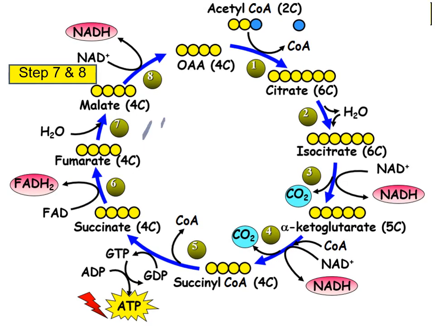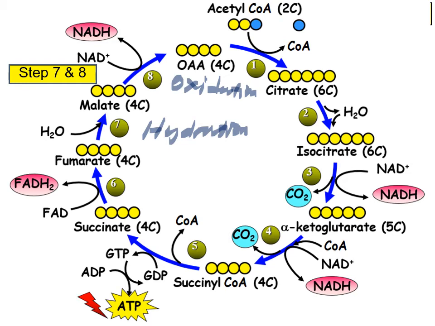Okay, step yang ketujuh adalah hydration. So dalam step ni water molecule is added to fumarate to become malate. Then the last step, yang ke-8, step 8 adalah proses oxidation, di mana malate is oxidized to oxaloacetate, the 4 carbon.